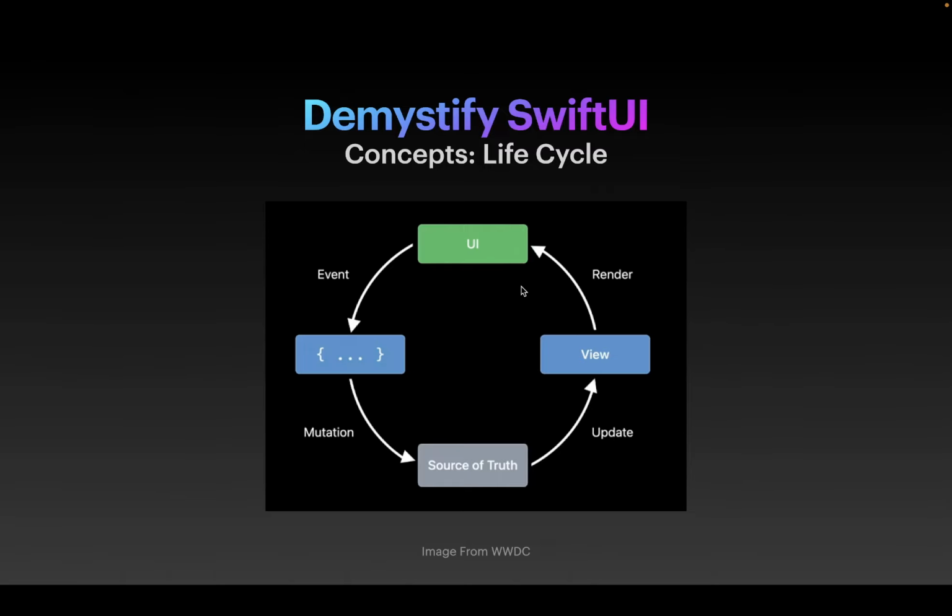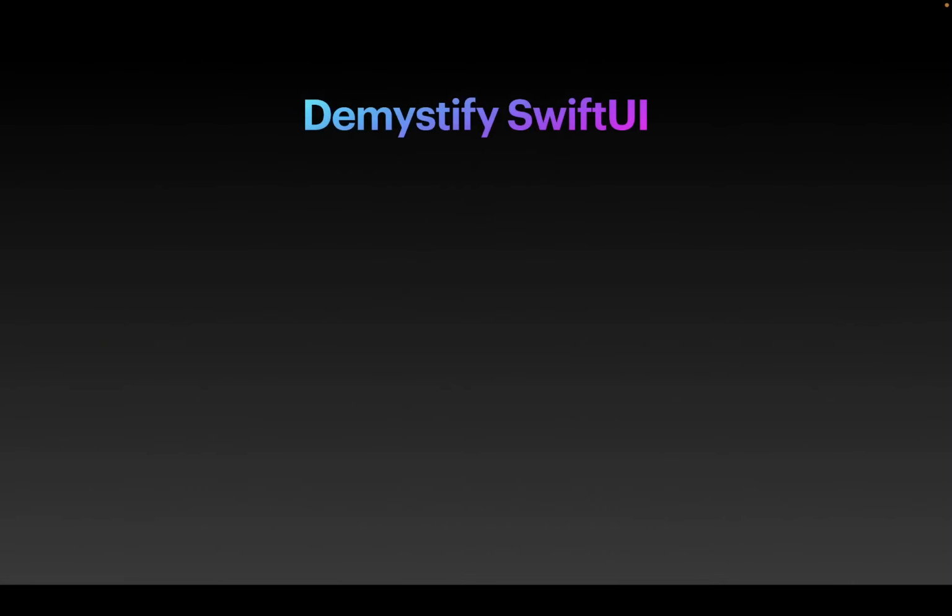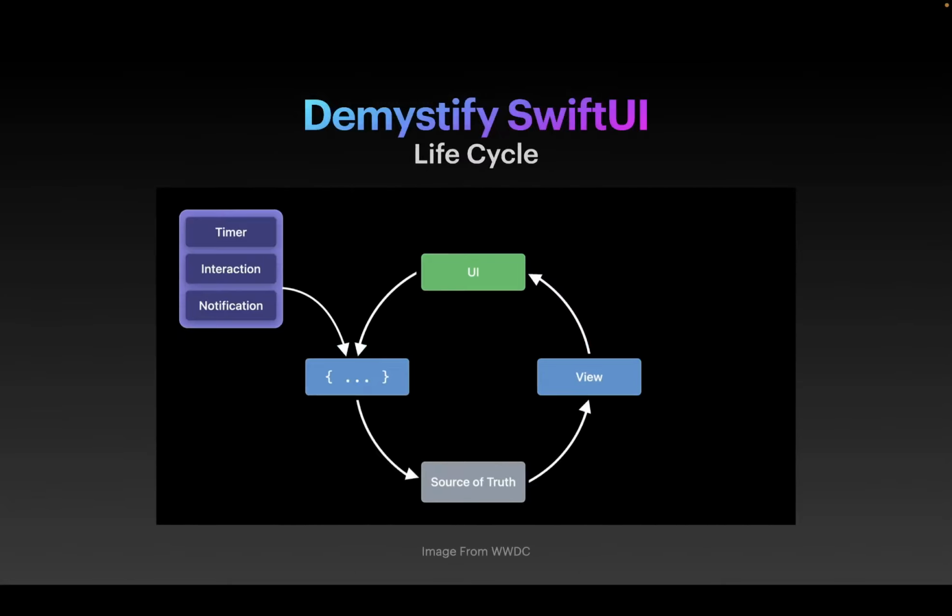When we mutate data, we reflect that change on our source of truth. So when the UI receives some events, you're trying to mutate something. The events include lots of things, for example user interaction, and it can also be a timer.